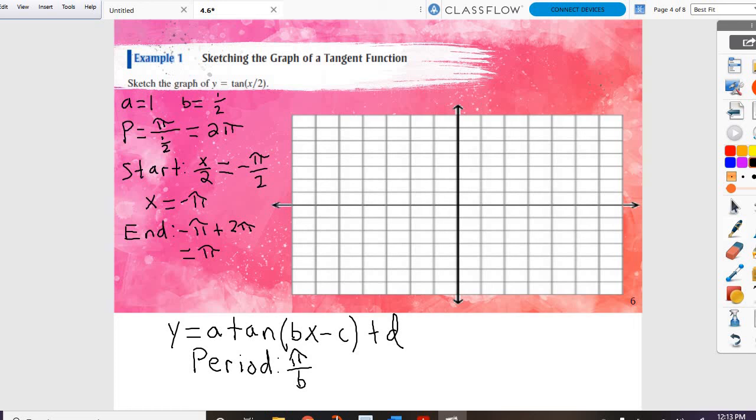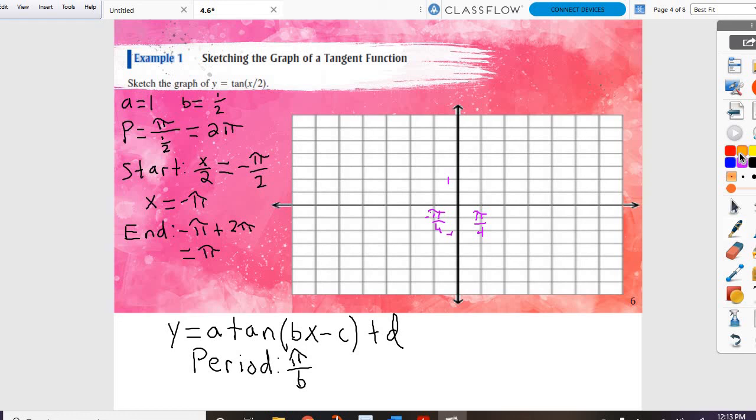Okay. So notice again, let's go ahead and label. This is pi over 4. This is negative pi over 4. This can be 1 and negative 1. So notice that I would have to go 1, 2, 3, 4 to be at negative pi.